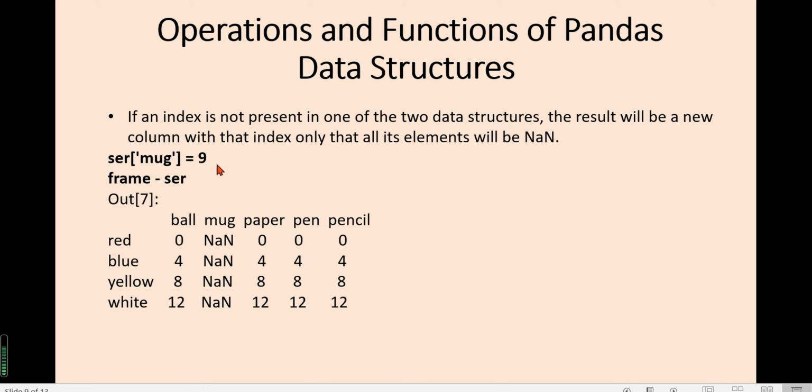For example, we add one index to the series called mug, with value 9. Then if we subtract this series from the frame again, we will create a new column in the resulting data frame called mug, and the values will all be NaN.